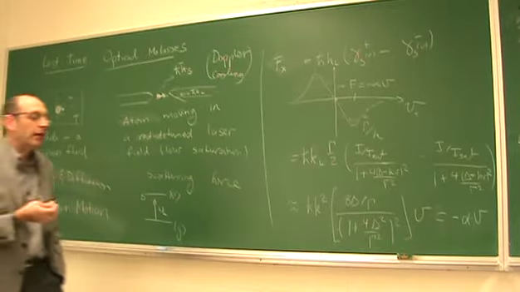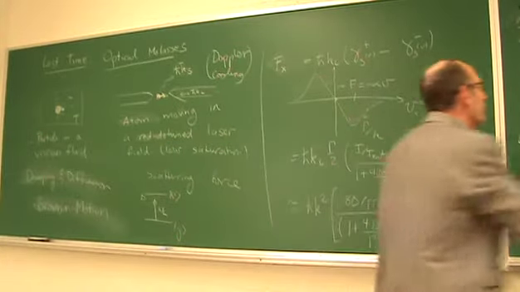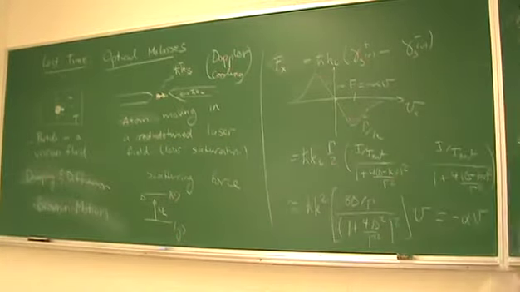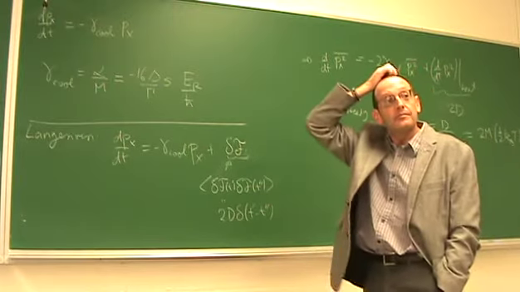The way in which we can look at that is through a Langevin equation that we'll remind ourselves of in a moment. So we need to derive an expression for both the damping and diffusion in order to understand what the ultimate equilibrium temperature will be of this particle moving in optical molasses.